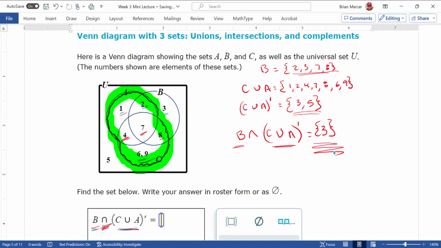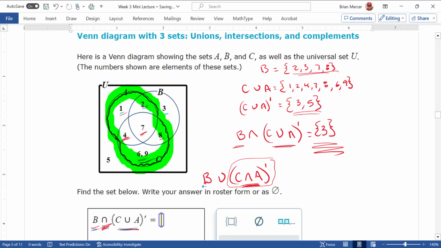As you do these, it's important to understand that we're going to mix this up. You could just as easily get something like B union C intersect A prime. I mean, you could have another version of this question this way. If that was your question, you'd first find the intersection of C and A, then you'd find the complement of that.